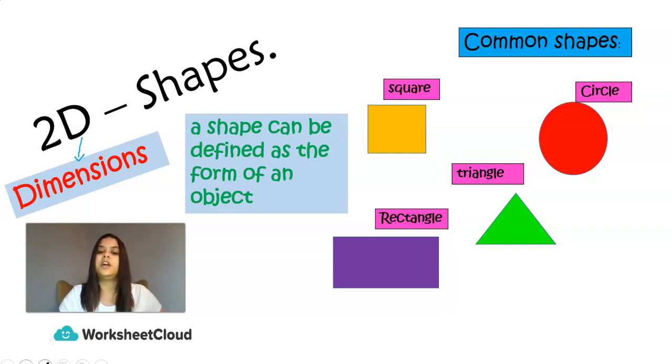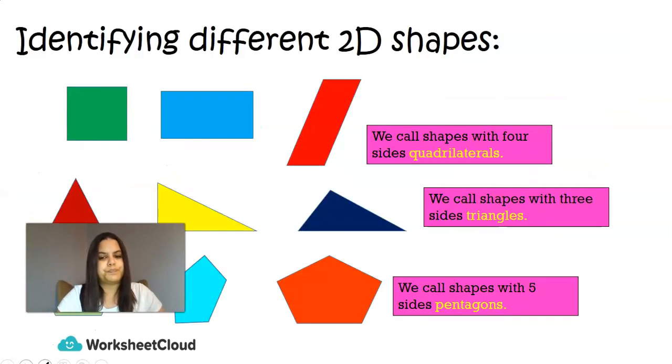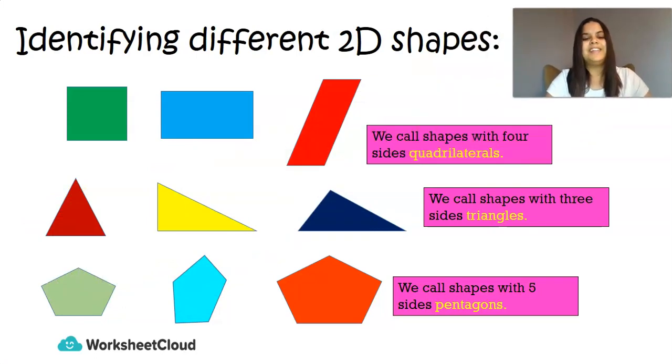In this lesson, we're going to go a step further and find out about other shapes, okay, especially with regard to their sides and the amount of sides that they have. So, identifying 2D shapes. Over here, there are different shapes as you can see them, grade 3s. In the first section, we have shapes over here that have 4 sides.